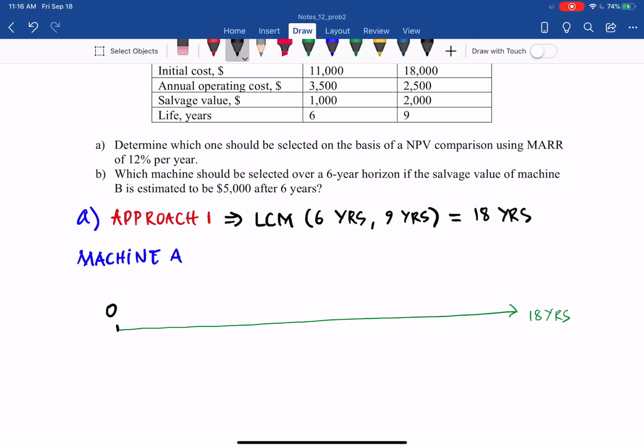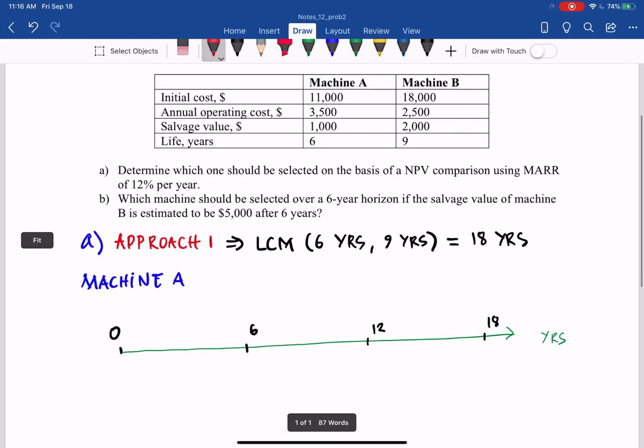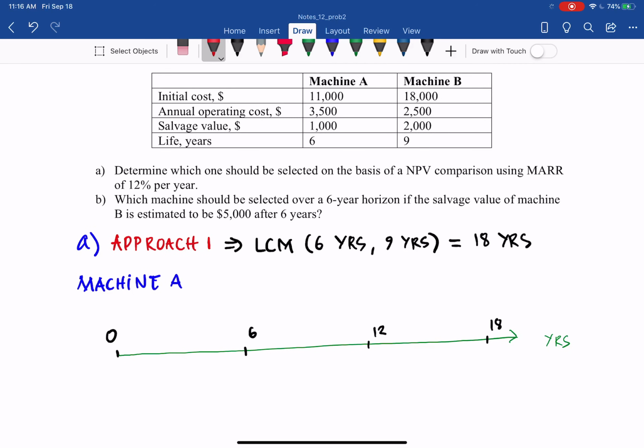So with that we have 6, 12, and 18. The first 6 years you should be familiar with how to draw the cash flow diagram.